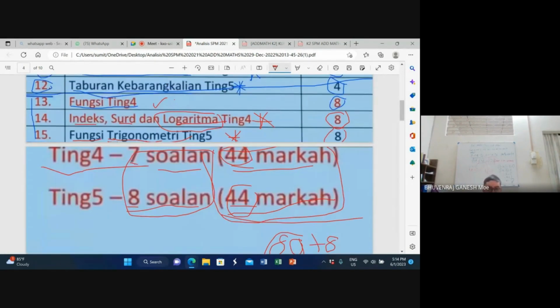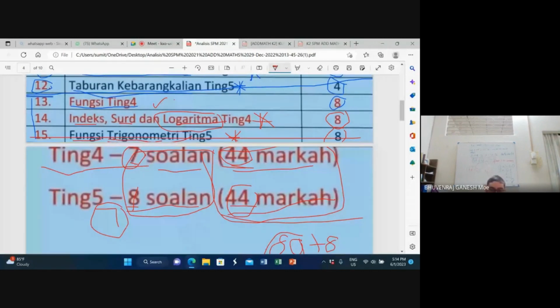You can cancel off this Form 5 chapter because this is a multiple choice question. So if I take off 15, it's actually equal in the end, 7 questions from both forms. So in paper 1, you can notice the trend that both forms are equally important.